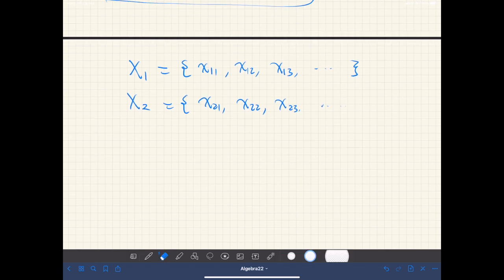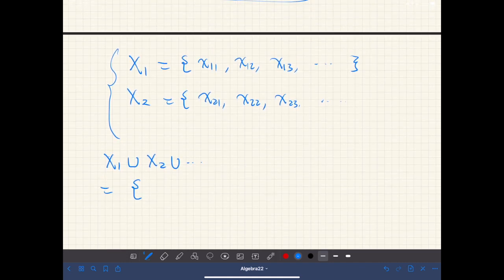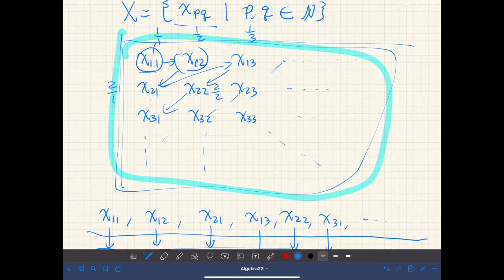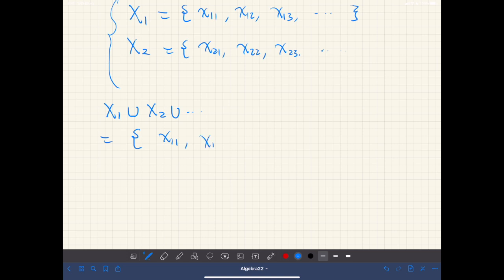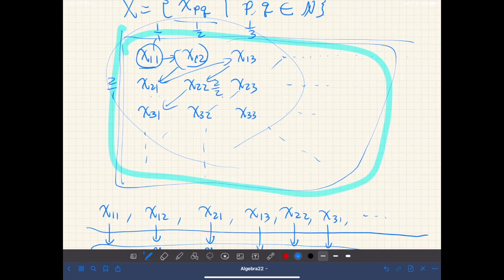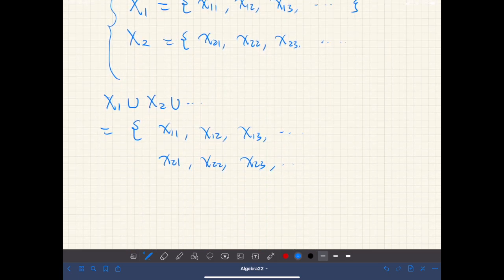So if we take the union of all these elements, then its elements can be arranged in a similar manner as this example. So we have x11, x12, x13, and so on, and x21, x22, x23, and so on. So this is exactly like the example we have seen here. Therefore, this union is countable.